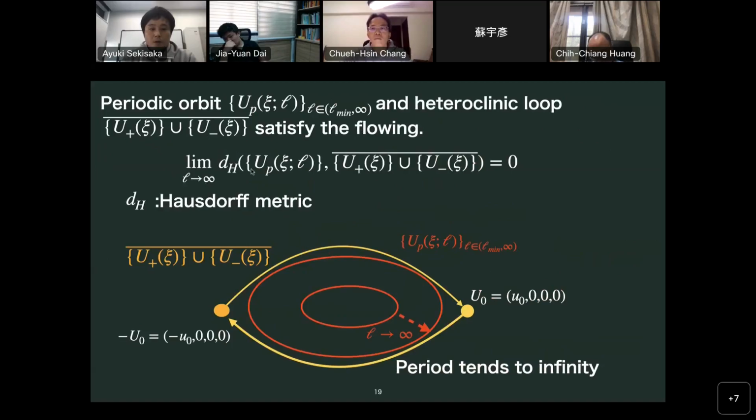If the period L tends to infinity, the Hausdorff metric between the periodic orbit and the heteroclinic loop tends to 0. This picture shows this limit.